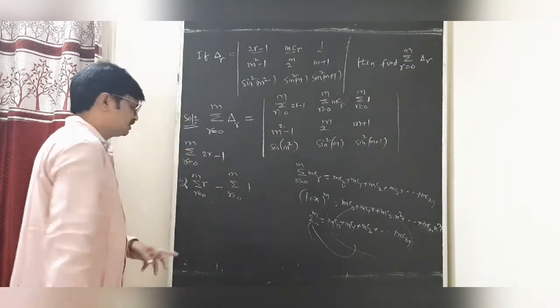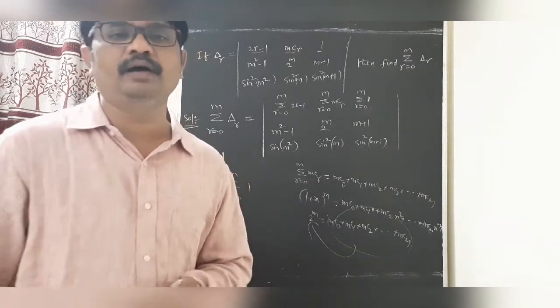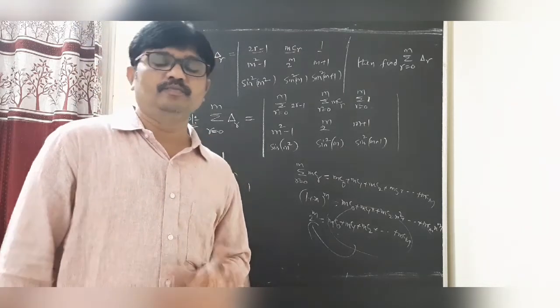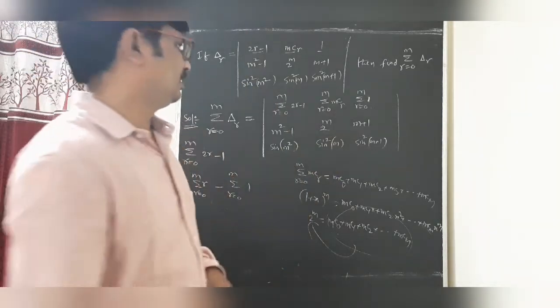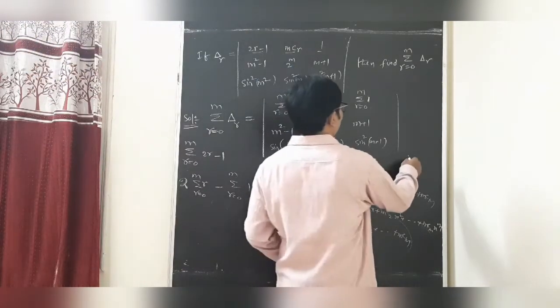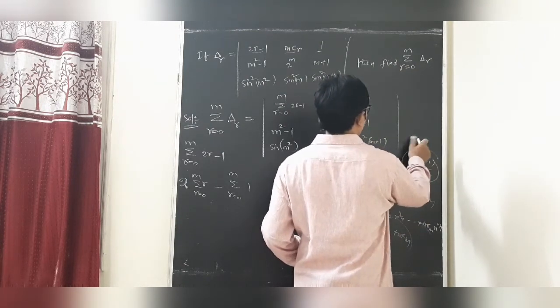So students, the sigma n is of the form n into n plus 1 by 2. What is it, students? n into n plus 1 by 2. This is the sigma n.